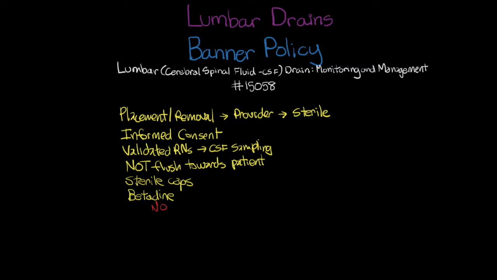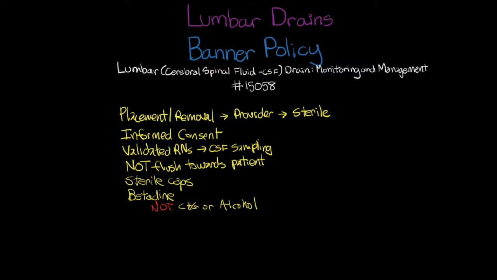You do not want to be using either CHG or alcohol. CHG contains alcohol in it, and alcohol can be very irritating to the meninges. So anytime we access the system, we do not use CHG or alcohol. We only use betadine, doing it sterilely with a good 30-second scrub.